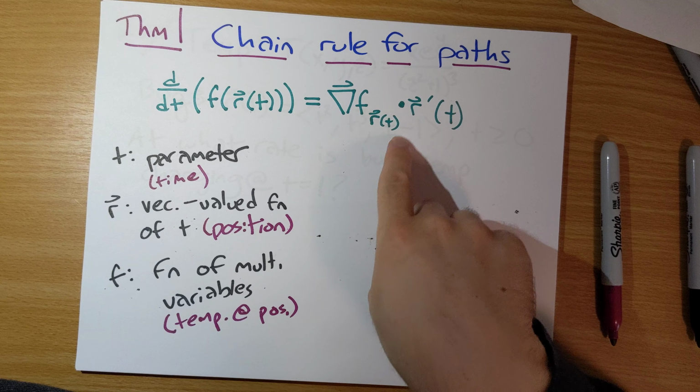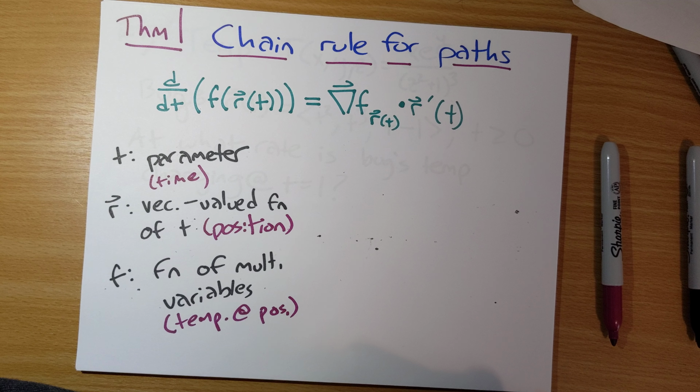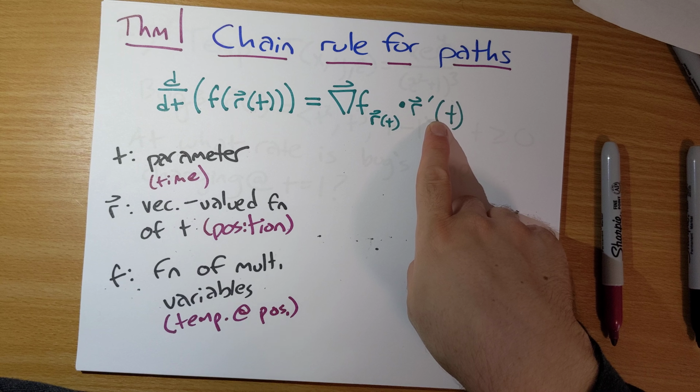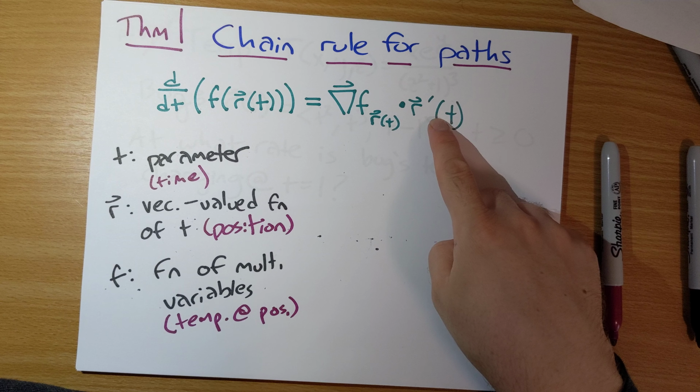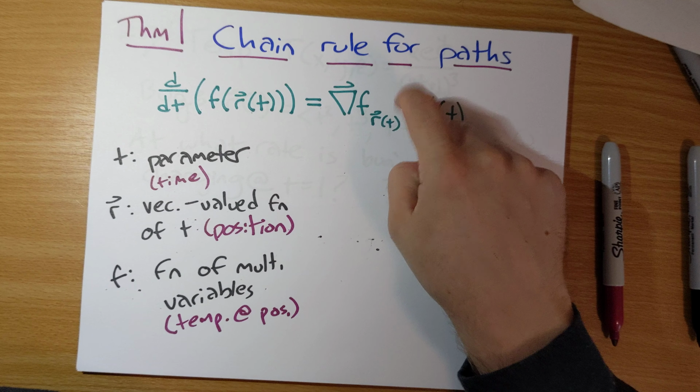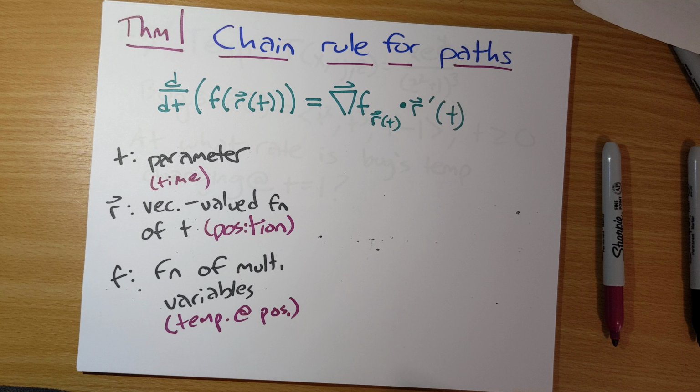We leave the inside function alone, we're evaluating that gradient at r of t. Then multiplying it by the derivative of the inside function, well, r prime of t is the derivative of the inside function. And then finally, we have to ask, what do we mean by multiplying? In this case, it is dot multiplication, the dot product.